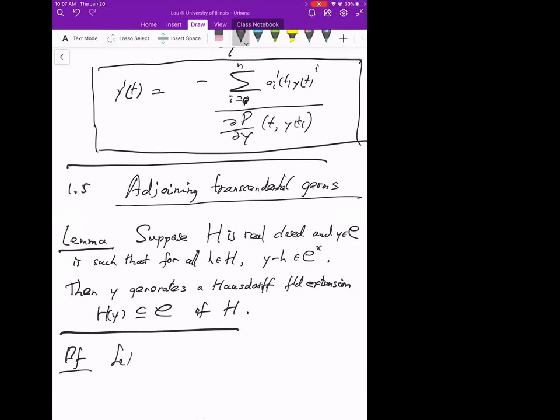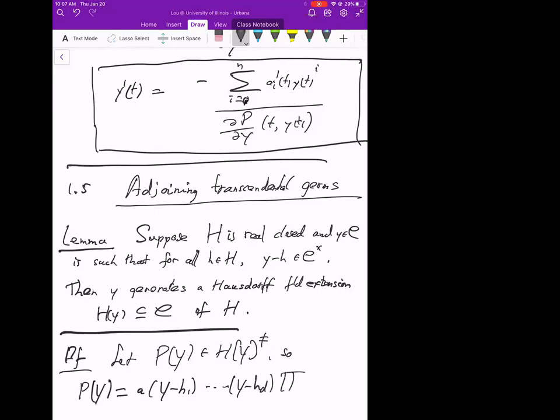So let's consider a non-zero polynomial over H. And then we factor it again. So P(Y) is A times (Y minus H1) and so on. I don't care whether the H's are all different from each other. It doesn't matter.